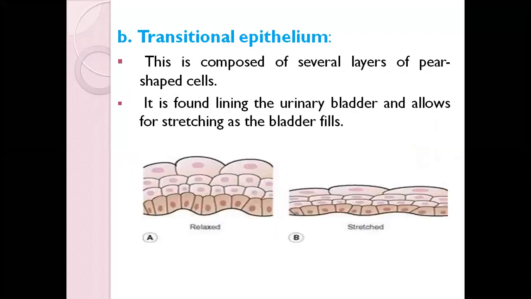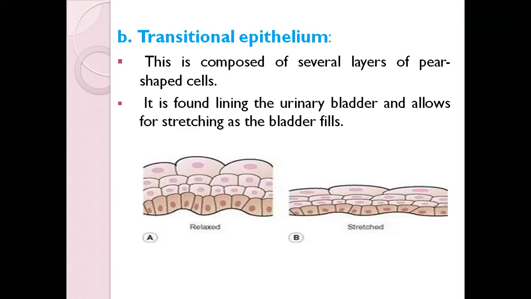The second type of stratified epithelium is the transitional epithelium. It consists of several layers of pear-shaped cells, as you can see from the diagram. It is found in the lining of the urinary bladder, and it allows for stretching as the bladder fills, because the urinary bladder is where urine is collected.